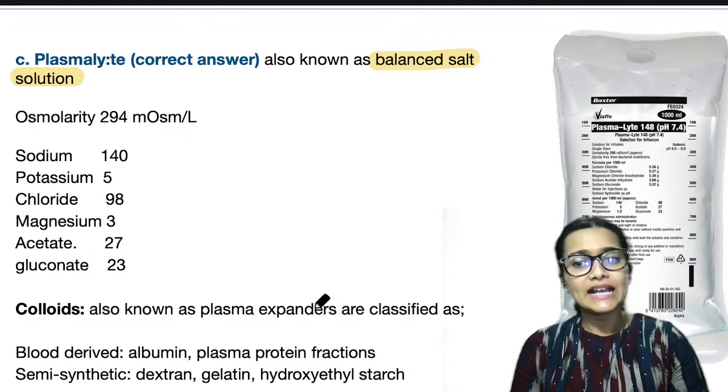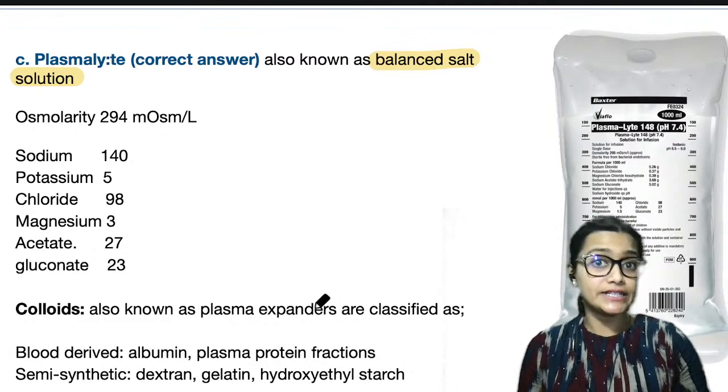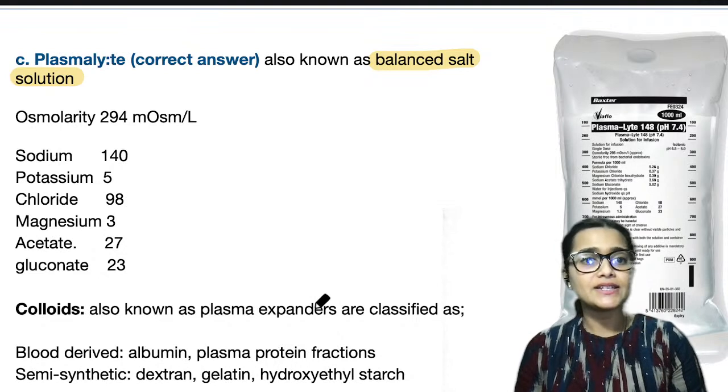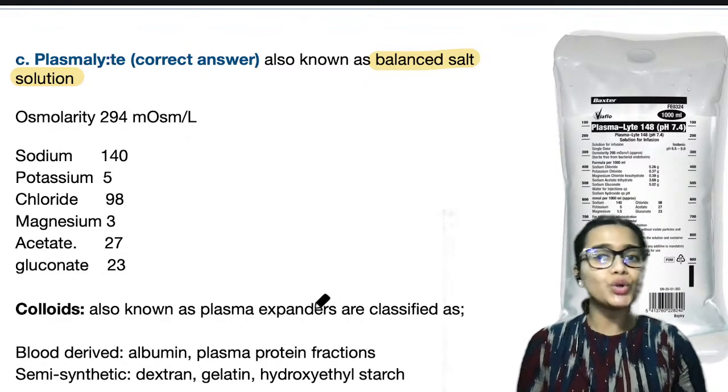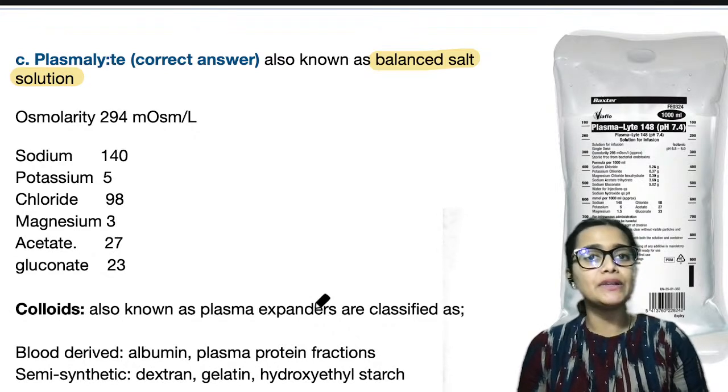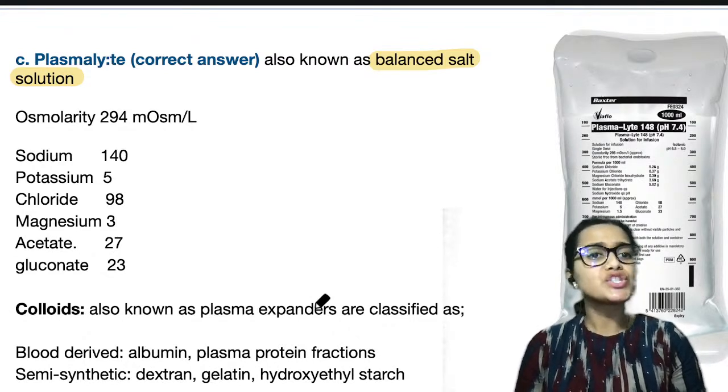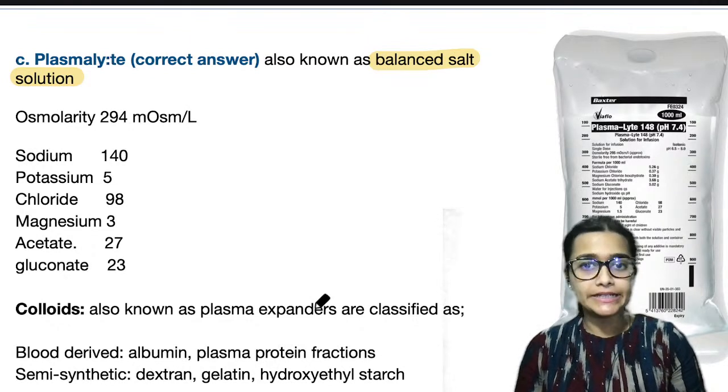Now, plasmolite has also been recently introduced in India, although it has been used in the West. The best part about it is that it is very isotonic. Isotonic as in the osmolarity is very similar to that of the plasma, which is 294 milliosmoles per liter.